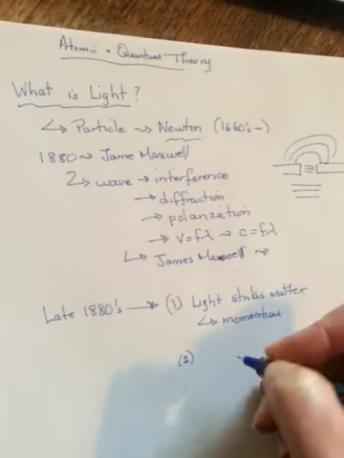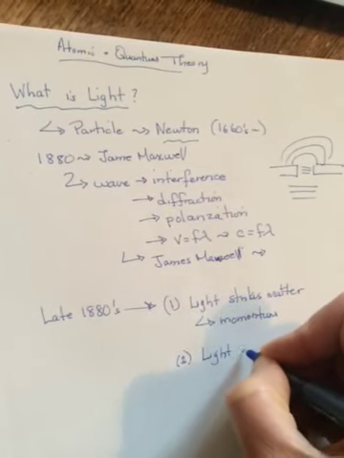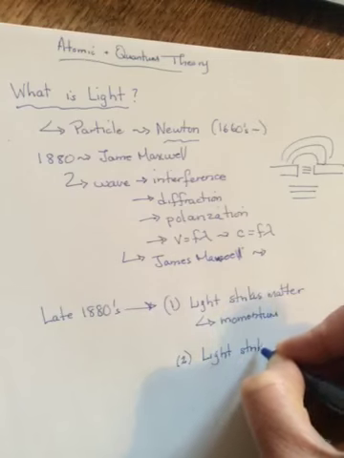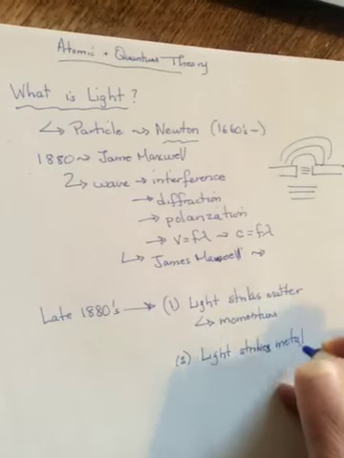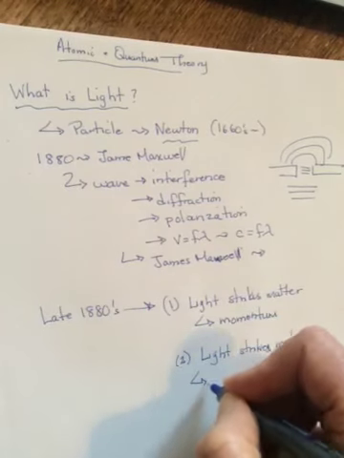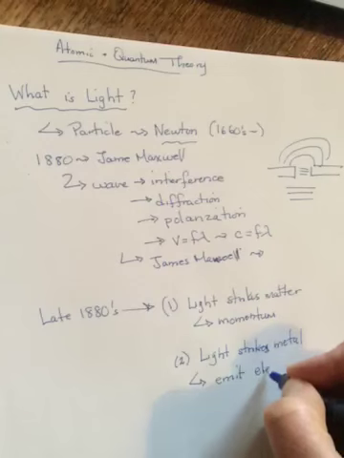The second thing was that when light struck some particular metals, it causes these metals to emit electrons.